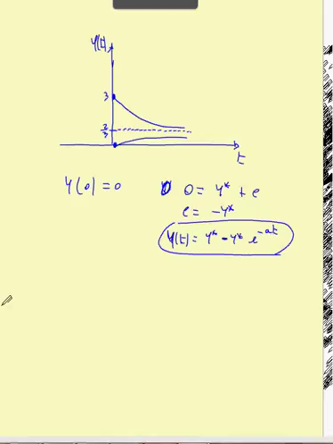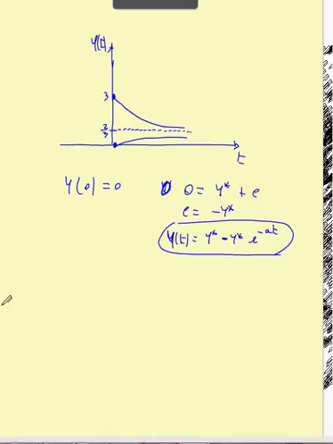Under the assumption that the initial value is equal to y0.